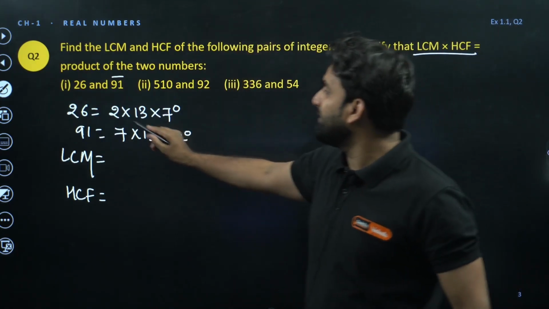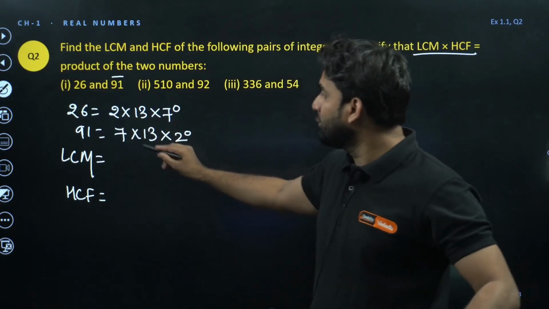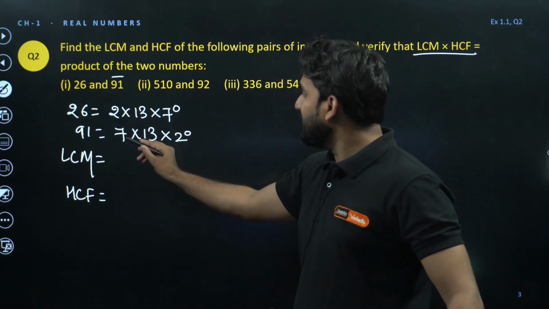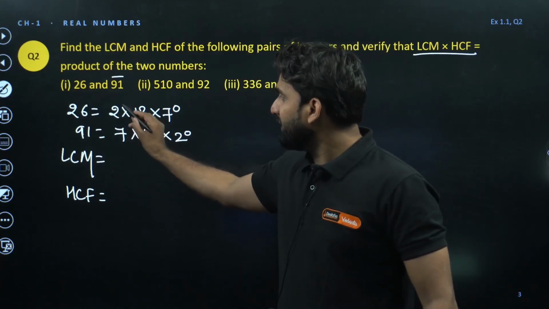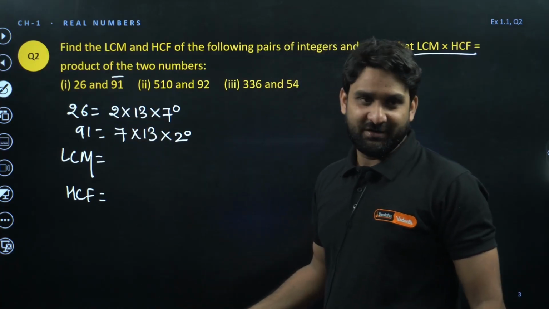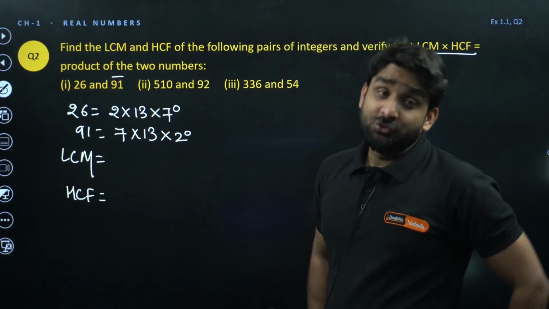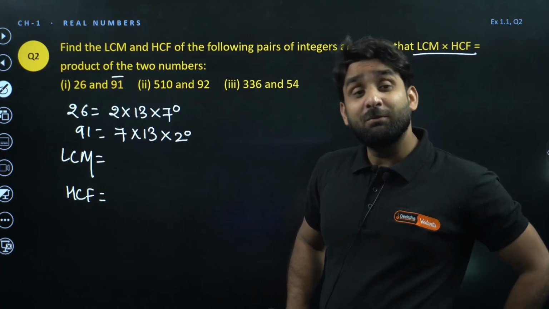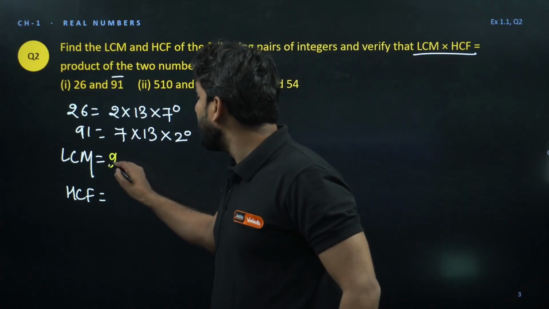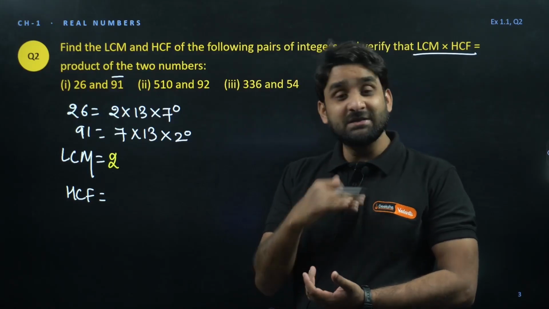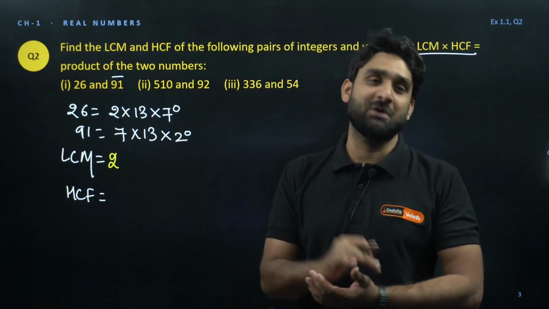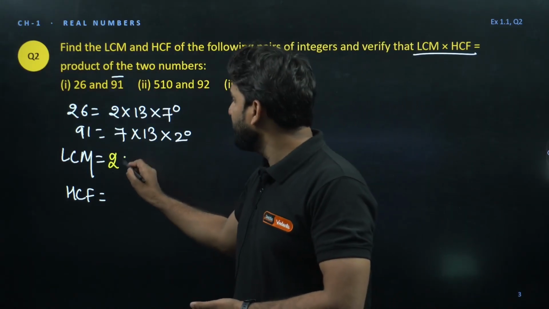So first pick the number 2. Here 2 to power 1, and here 2 to power 0. Which do we have to take? We have to take 2 to power 1, because we are calculating the LCM, and in the LCM I always take the highest power. Correct? Now it's time to take another number.